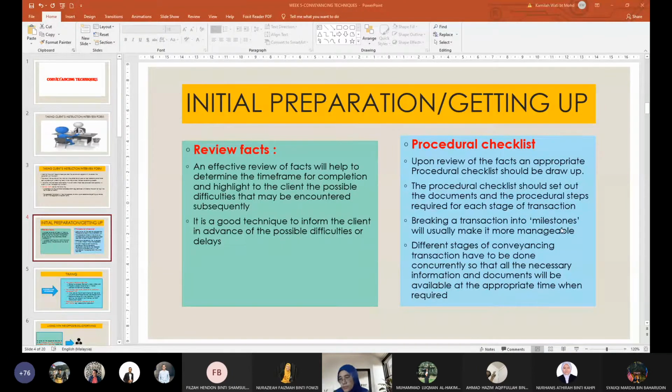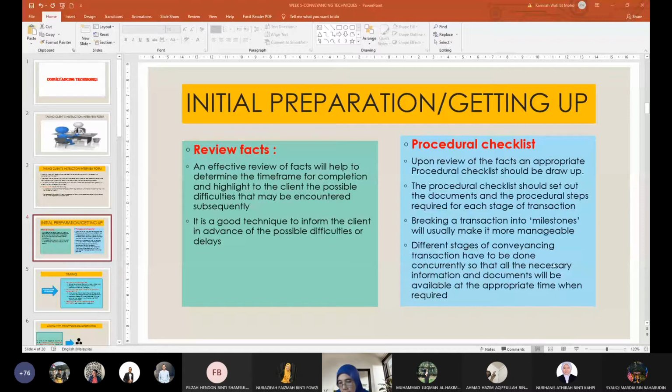So nanti bila kita ada procedure checklist tu, kita boleh buat macam preliminary stage untuk do all the searches. Dan di stage kedua tu ialah drafting the SMP. Stage ketiga ialah execution of the documents. Dan stage yang keempat mungkin dah stage untuk advice untuk draw down ataupun hand over the keys and so on. So dia akan ada milestone dia dalam proses tu.